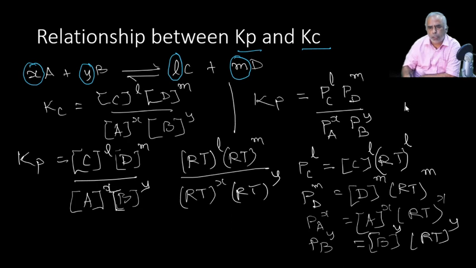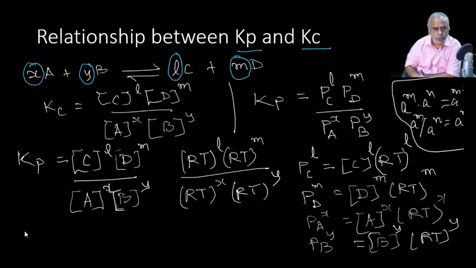We know a power m into a power n is equal to a power m plus n, is it not? And similarly a power m divided by a power n is equal to a power m minus n. So we can apply this algebraic expression. Therefore we are able to get Kp is equal to, and we know very well this term is nothing but Kc.